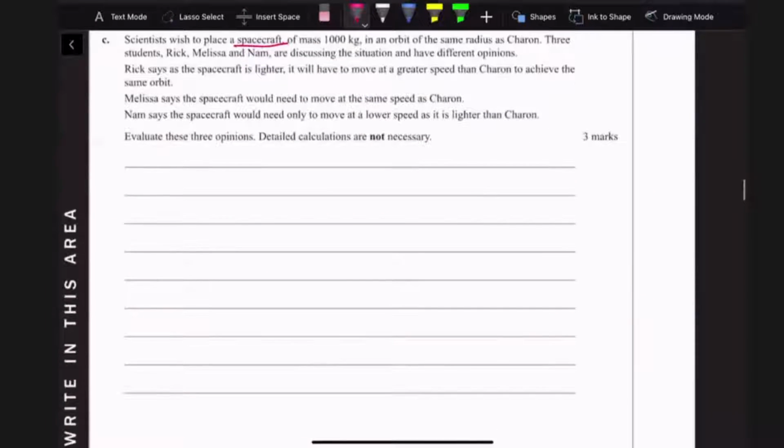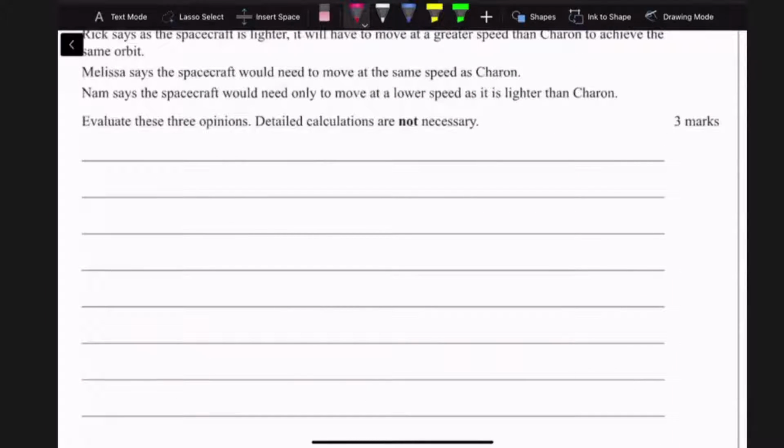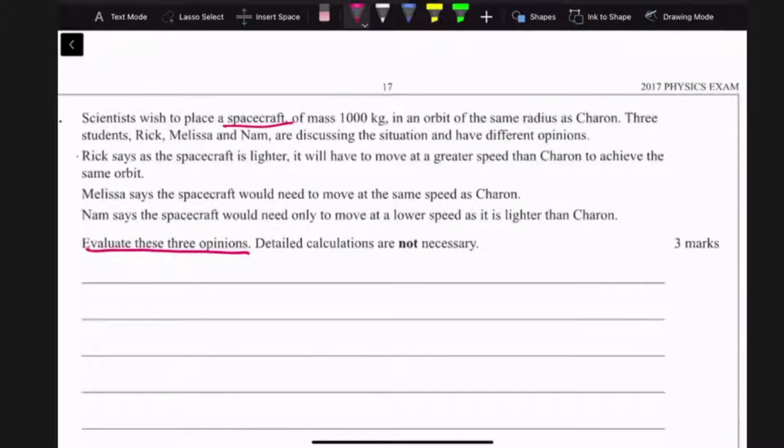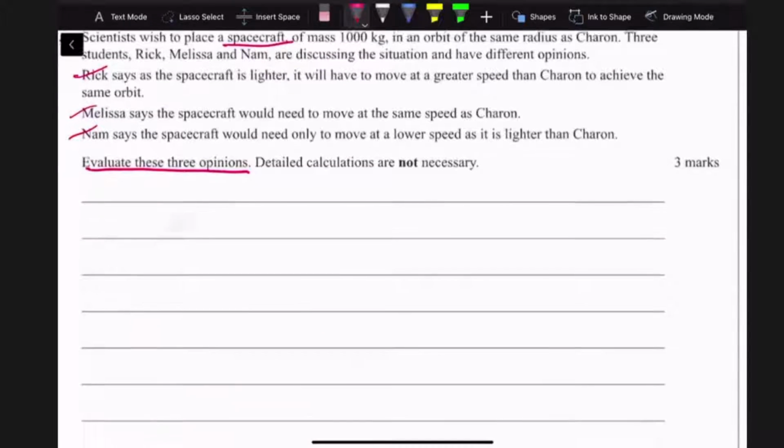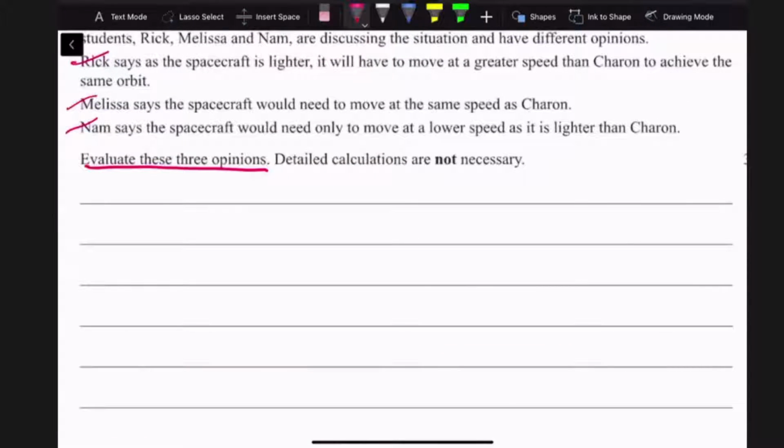So for this question, you have to evaluate the 3 options. I think this is worded a bit weirdly. You don't actually have to go and discuss all 3 possibilities. I think the answers just wanted you to see which one was correct. So in this case, Melissa is correct. Oh, my M looks like N. So Melissa is correct.